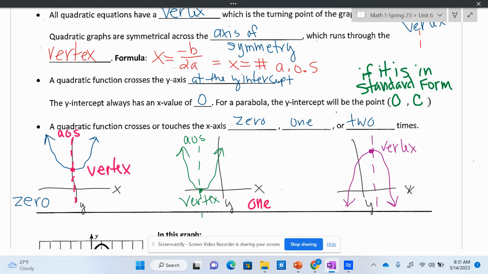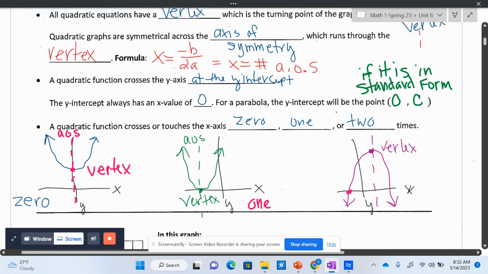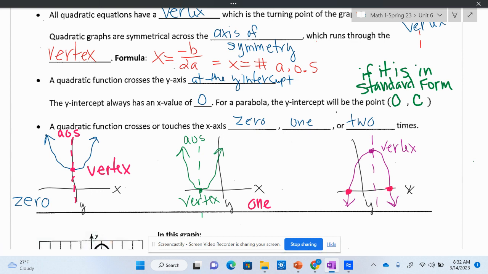This would be my axis of symmetry. And the 2 places that it touches the x-axis are here and here. Those would be the solutions of the quadratic function if I were to solve it. So this is an example of when it touches 2 times.